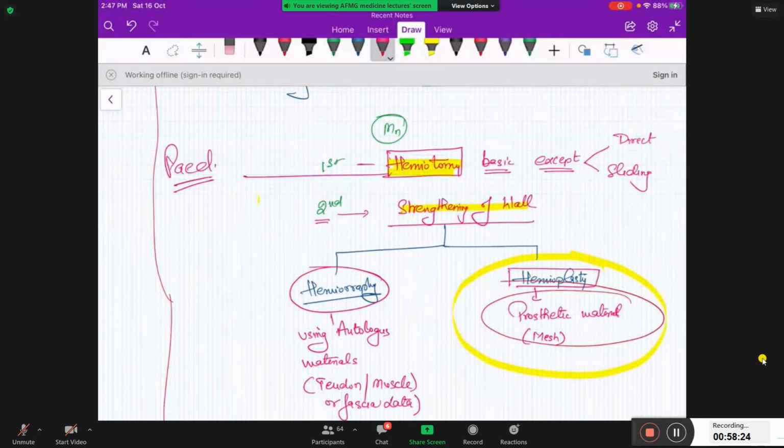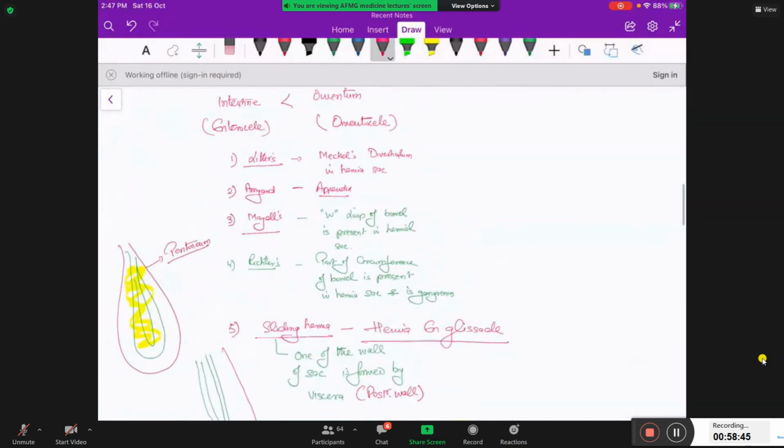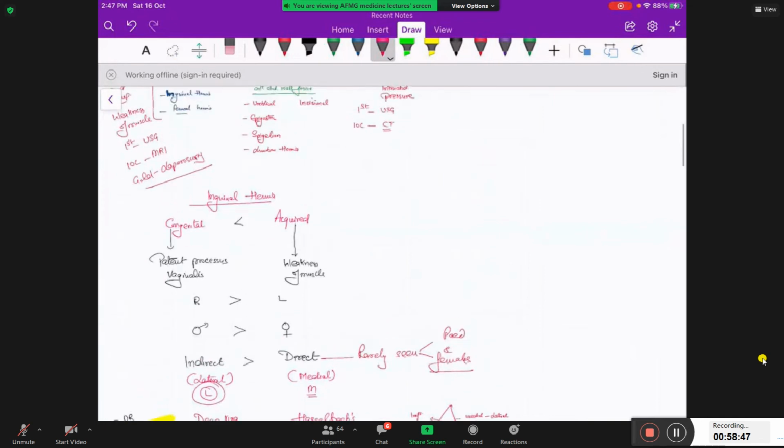Why? Not developed. What is the reason of hernia in pediatric? Is it a weakness of muscle?